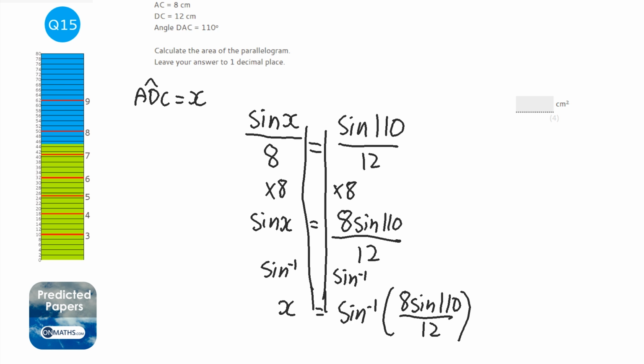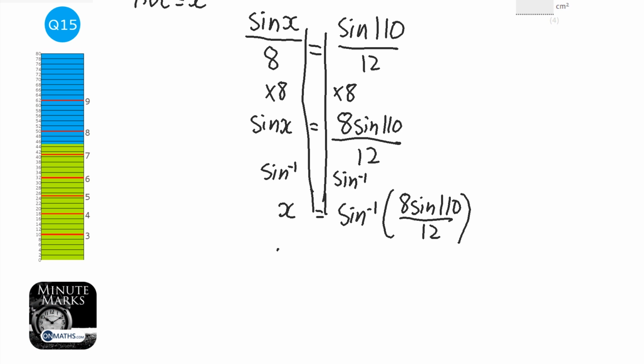So inverse sine, fraction button, 8 sine 110, close the brackets, over 12, and then come out of the fraction, close the brackets. So that tells me that X is 38.789 blah blah blah.